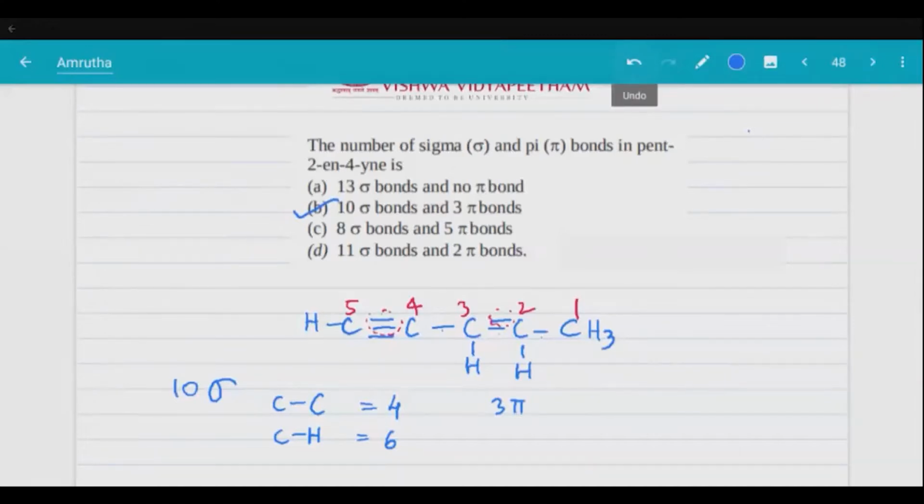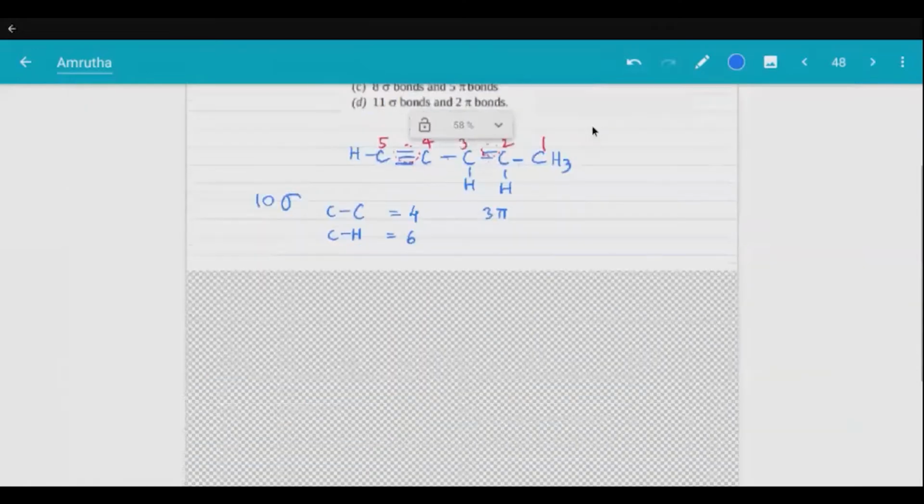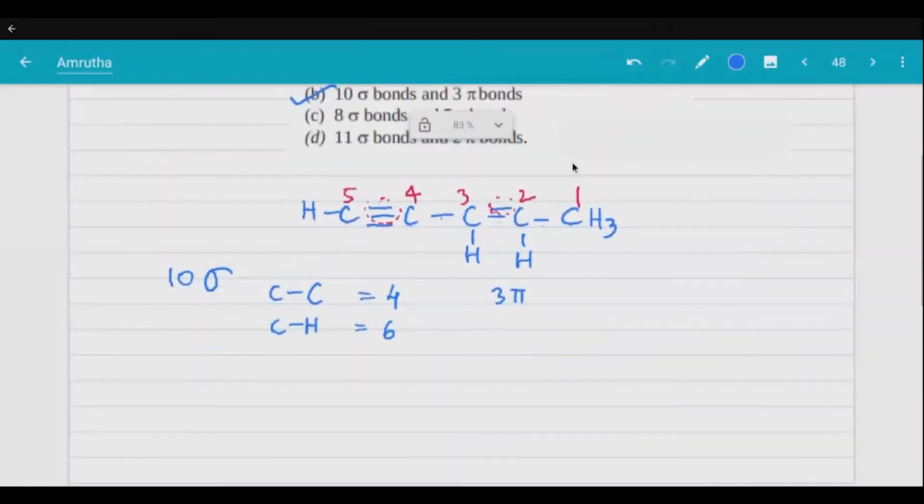Done? Very simple question. How are we doing this? By just knowing carbon valency. Only by knowing carbon valency we can quickly distribute the bonds, but hydrogen can never form pi bond. Make sure you don't form hydrogen pi bond.